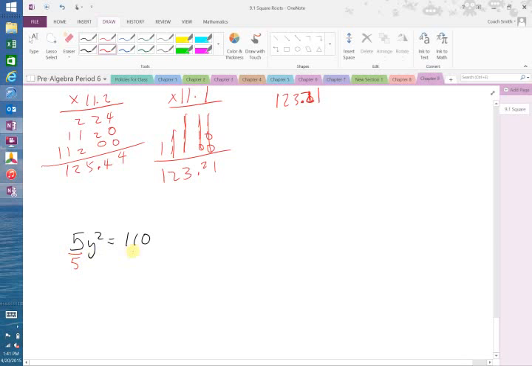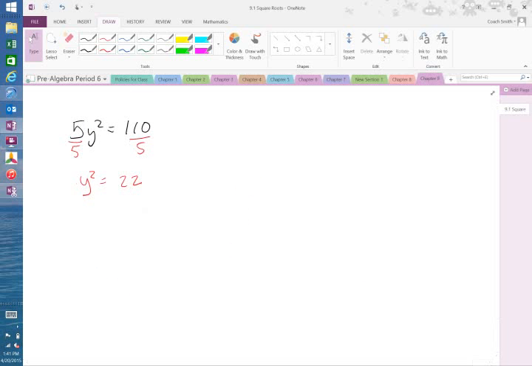Same process applies. We divide by 5 to both sides. That would give me y squared is equal to 22. Well, is 22 a perfect square? No. So I have to take the square root of that. So that gives me y is equal to the square root of 22.